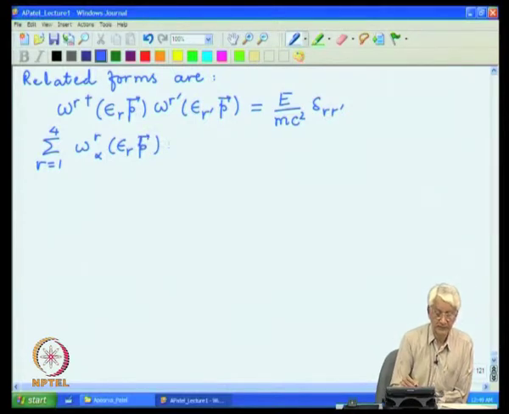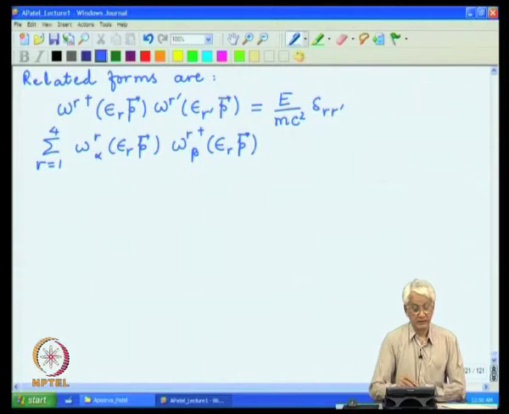Epsilon r always goes with p, and we will use here the same momentum to define the completeness.